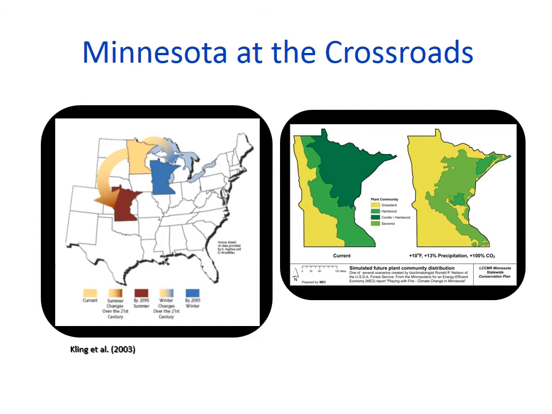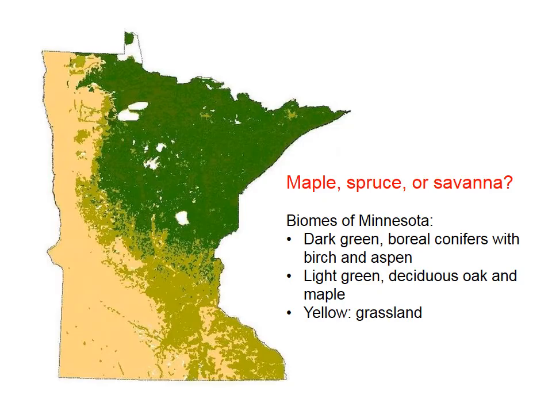So Minnesota is right at the crossroads here. We're right on the prairie forest border, and there could be some big changes as the climate changes. We expect a large magnitude of climate change here that could affect the prairie forest border, because we know the precipitation and evaporation balance is very important in the location of that border. So this is a biome map showing the three main biomes of Minnesota: the prairie, the deciduous forest, and the dark green.